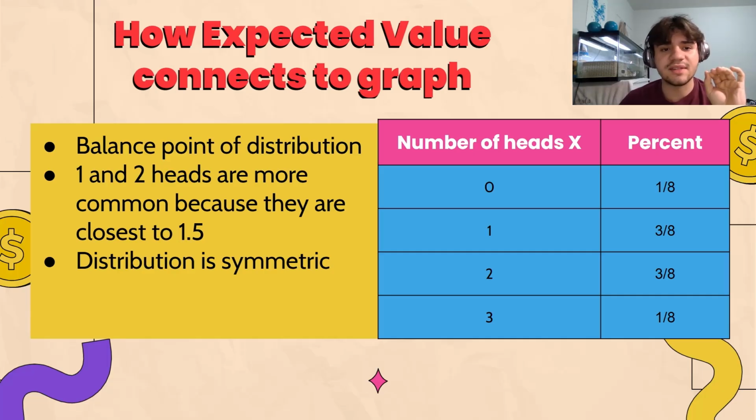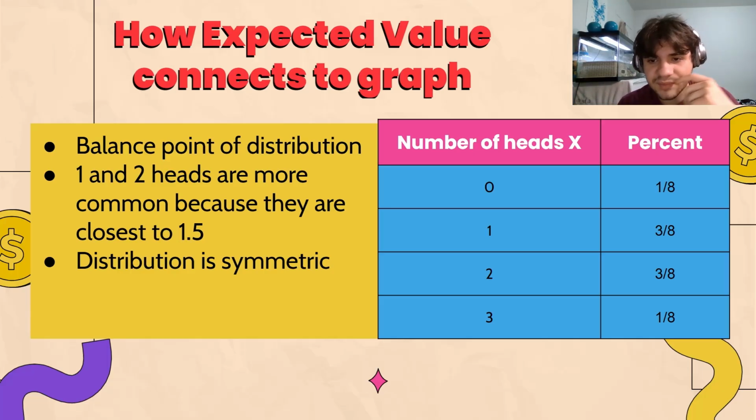So the expected value of 1.5 is the balance point of the distribution. Even though 1.5 is not exactly a number of heads, it is between 1 and 2, the most probable outcomes. That's why the graph is centered around 1 and 2 heads, and why 0 and 3 heads are the least probable.